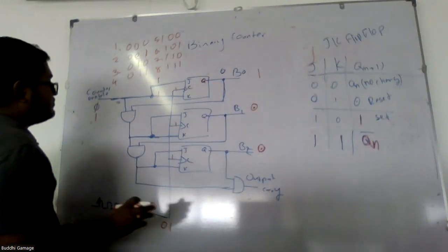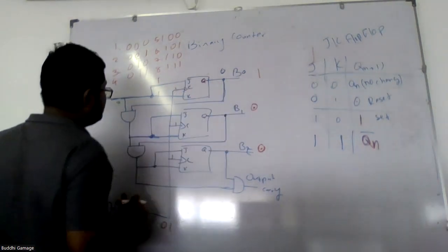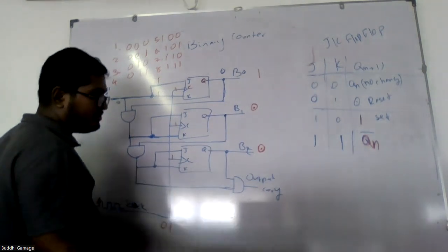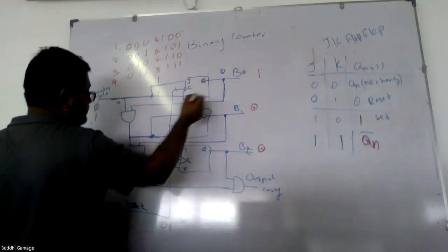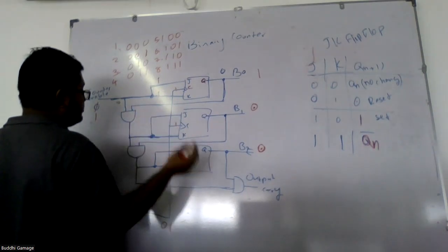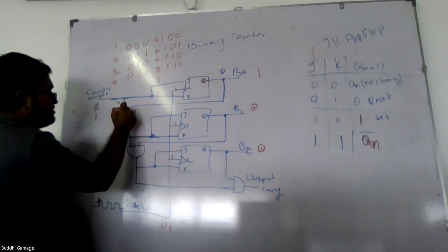But what you need to keep in mind is this is the current value. Now again the present value, right? But what is the output or the input for these ones?